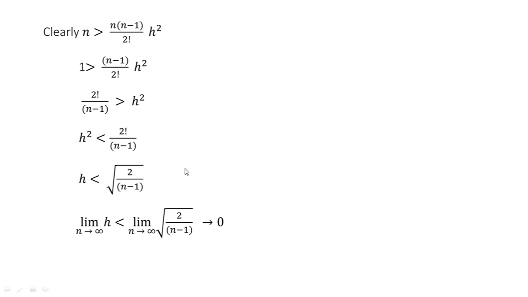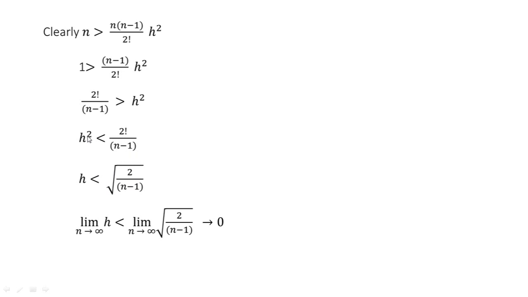That is why we try to get the limit of h. Now n gets cancelled. n minus 1 is greater than (n minus 1) by 2 factorial into h square. Cross multiply these two terms. 2 factorial by (n minus 1) is greater than h square. h square is less than 2 factorial by (n minus 1).